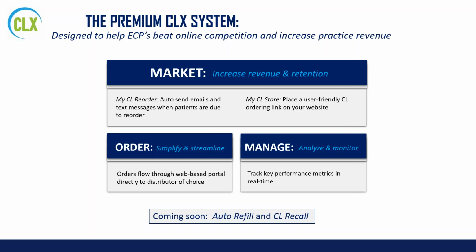We're calling this auto refill. Basically it'll allow you to do the same thing with contact lenses. Patients can subscribe to a predetermined amount and have it shipped to them at their convenience, and their credit card charged on a regular cadence and basis.